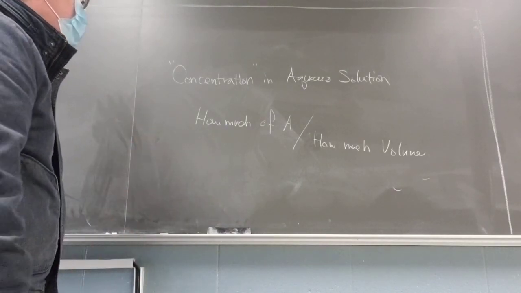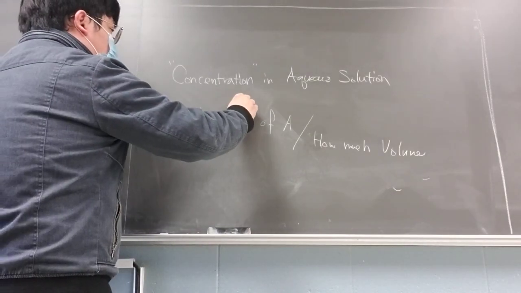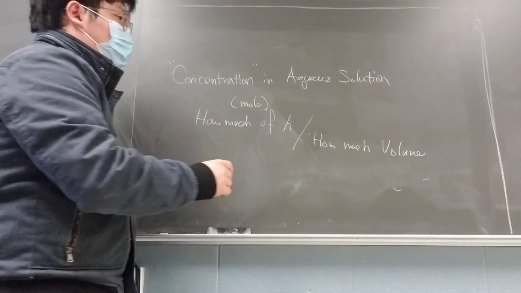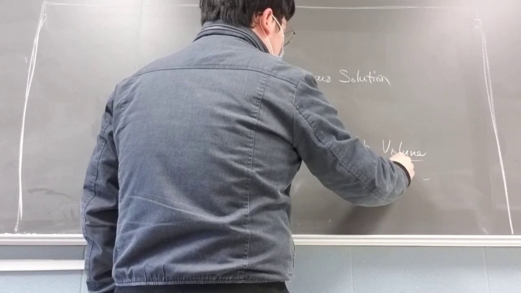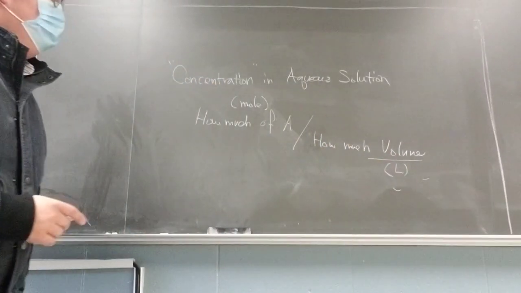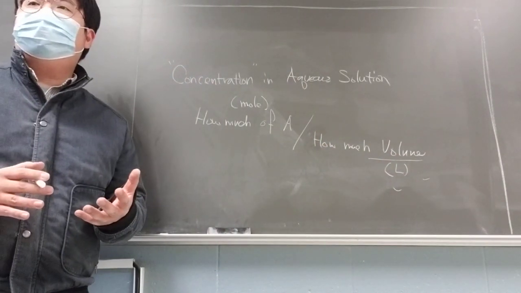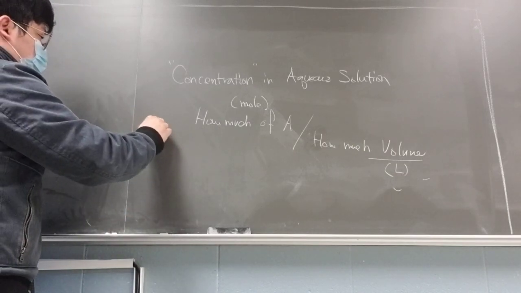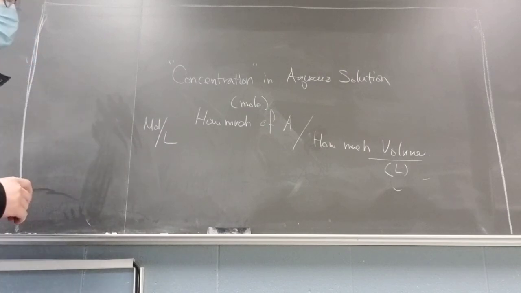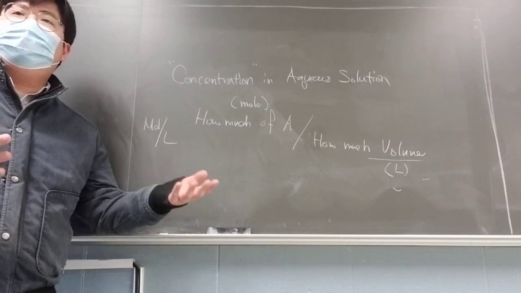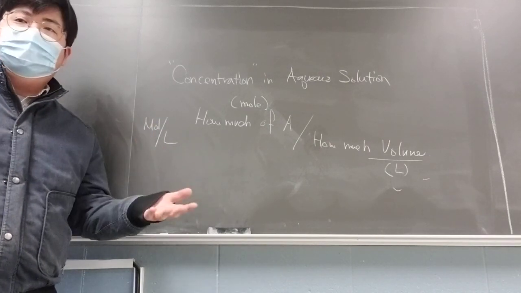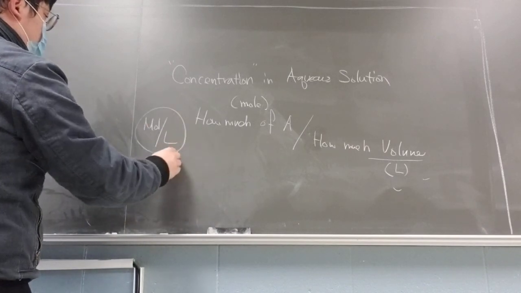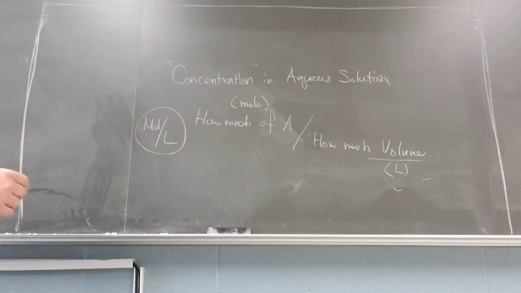Normally we use the mole, which is Avogadro's number, how many you have, and for volume we use a liter. So in chemistry we use moles per liter. Moles per liter simply means how many moles of the compound or molecule you have, and how much volume in the solution. This is the common unit for concentration in chemistry.